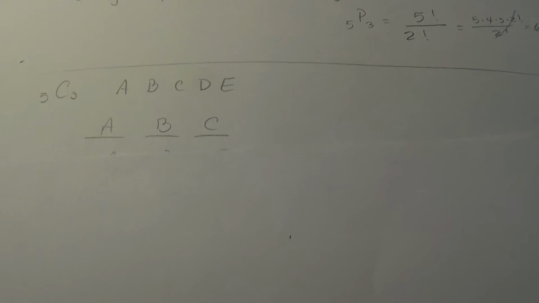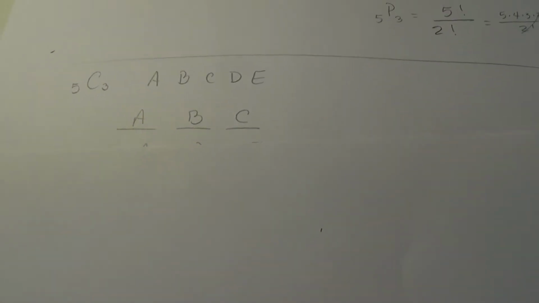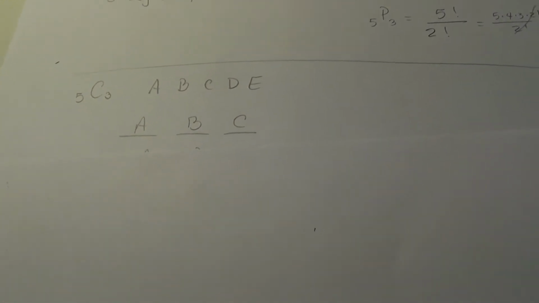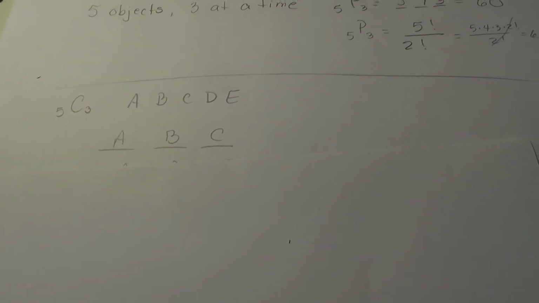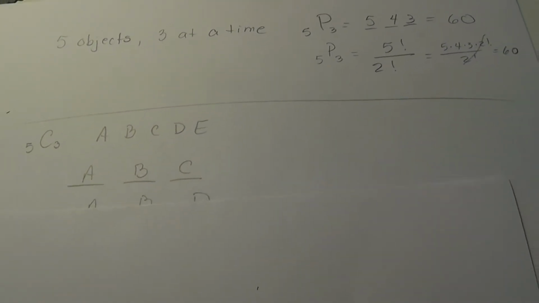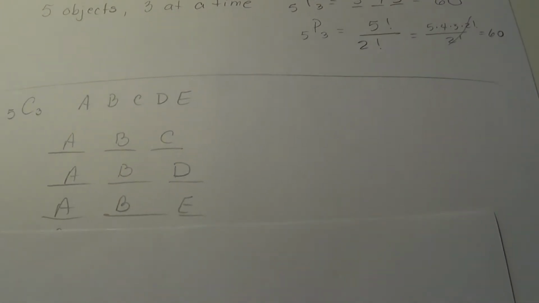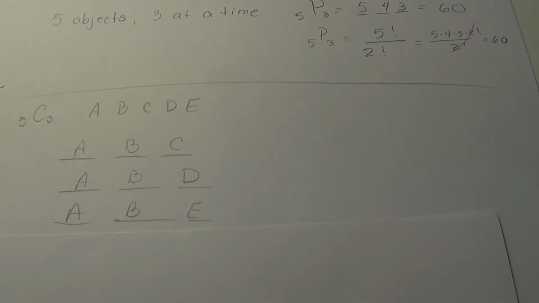I can't put in CBA because when we're talking about combinations, CBA is the same committee, so to speak, or combination as ABC. So I have to have different letters on each line, or a different set of numbers. All right, I can have ABD. ABE, you can see I'm following a pattern.